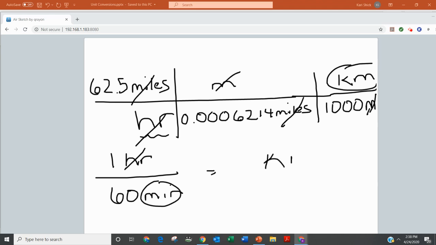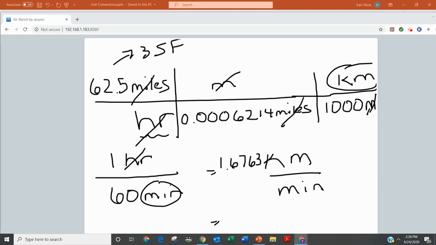So I've got kilometers per minute. And when I do this math, I get 1.6763. If I look at this having 3 sig figs, I want to round this to 1.68 kilometers per minute.